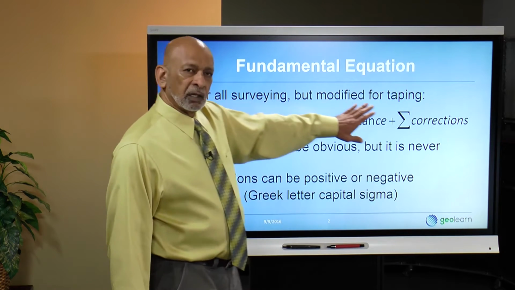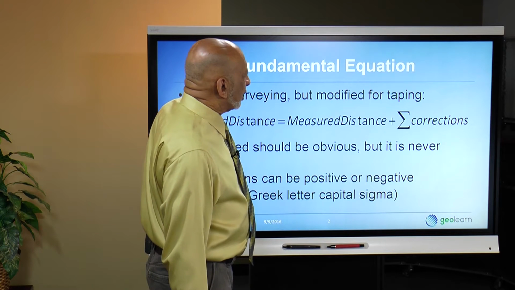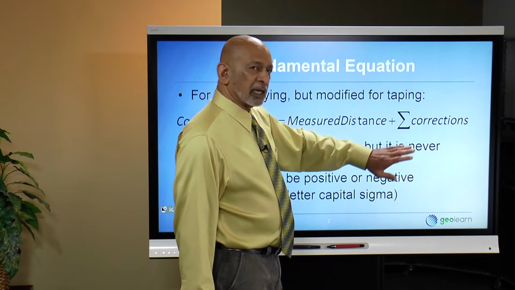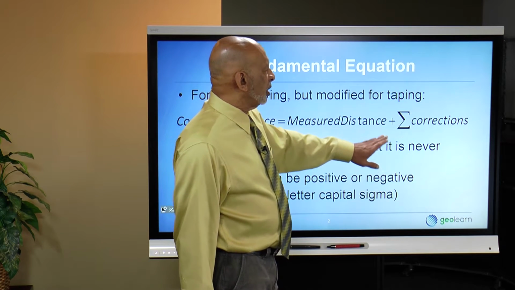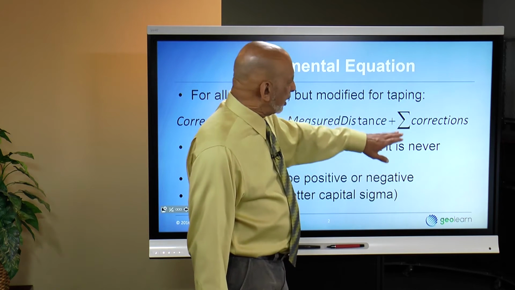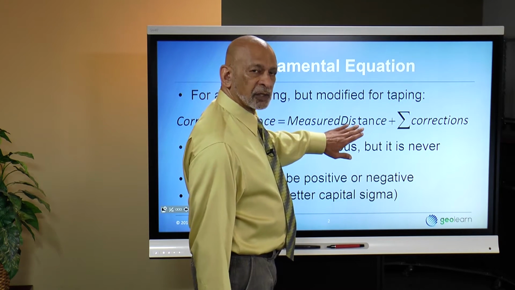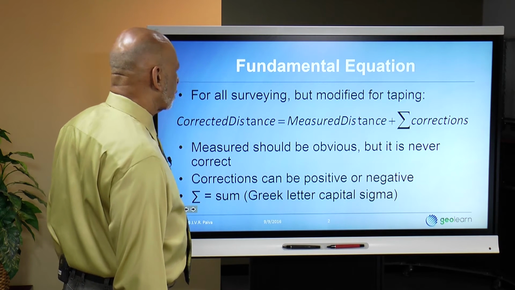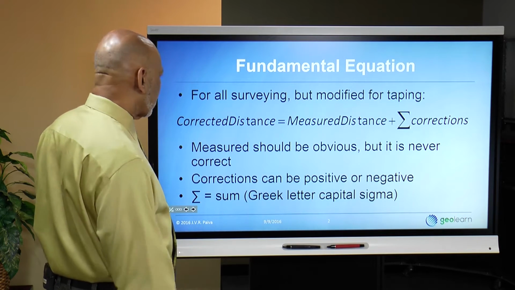So over here on sigma corrections, it may be that some of the corrections are positive, some of the corrections are negative, and there's actually more negative ones than positive ones, so that when you add them all together, the net effect is to reduce the measured distance to give you a corrected distance that's smaller than the measured distance. Obviously, it can go the other way as well.